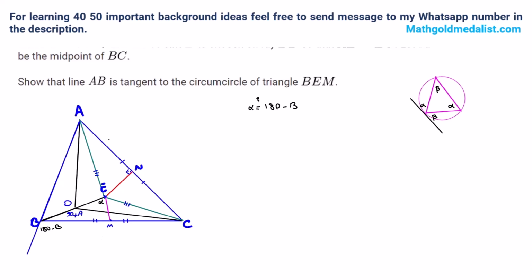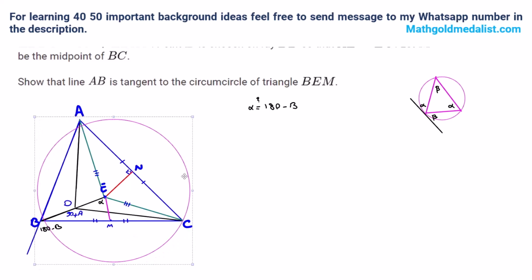Now, there are some lines and circles we should draw. Why? Here, as you can see, E lies on the perpendicular bisector of this, so we can say it passes through the circumcenter of ABC. Because of this, we draw the circumcircle. It can be useful, maybe useful, maybe not.